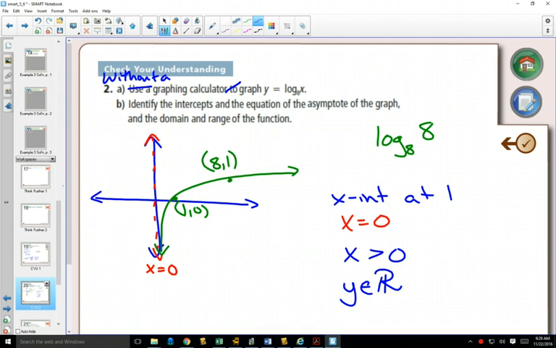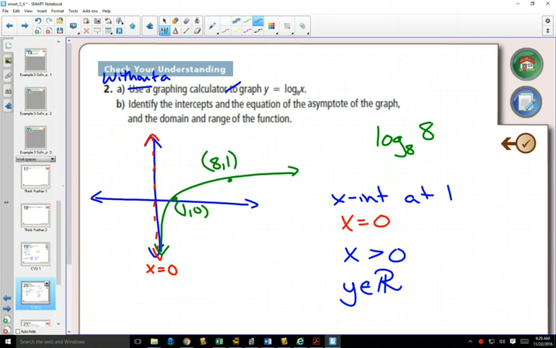Now, we have to be able to quickly draw the parent graphs of any log function because we are going to do the transformations that we did in Chapter 3 with all of our log graphs as well. Earlier in the unit, we did transformations with all of our exponential graphs, 2 to the x and 5 to the x, whichever base to the x, e to the x.